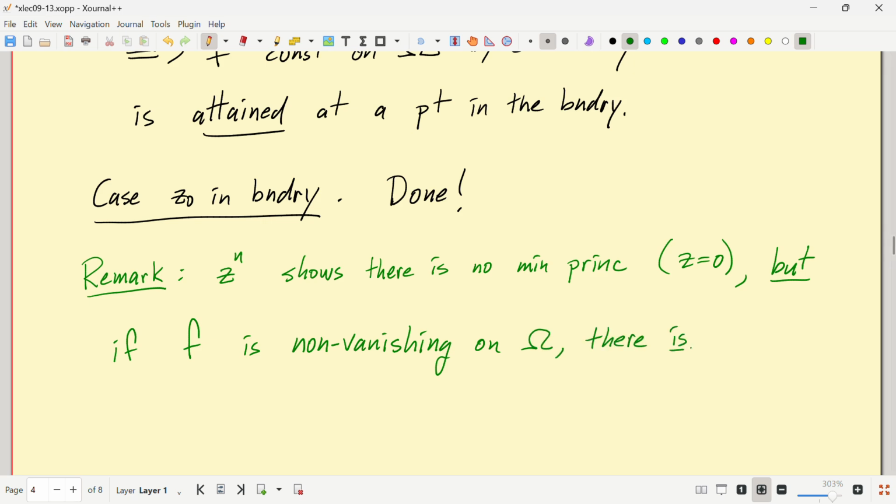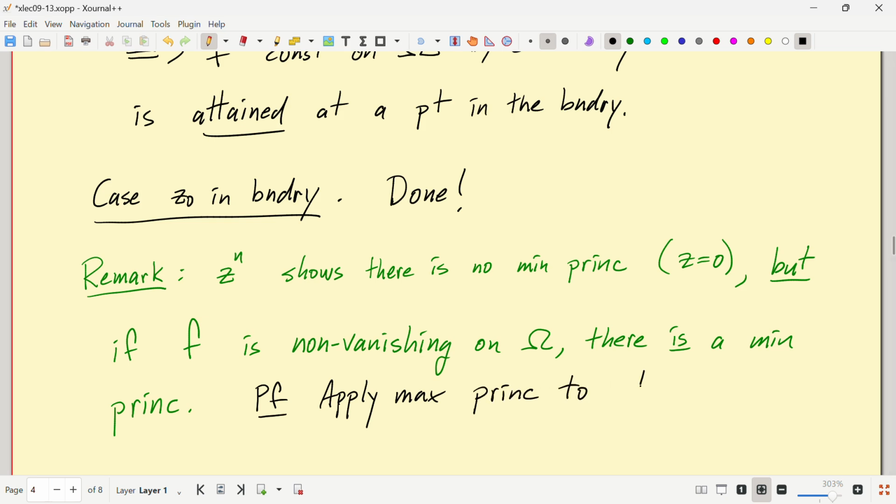There is a min principle. And it's a trivial thing to show. So the proof would be apply the maximum principle to 1 over f. Okay.